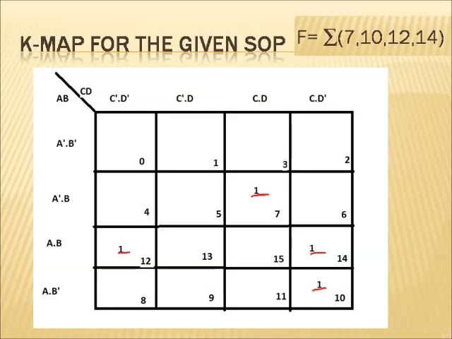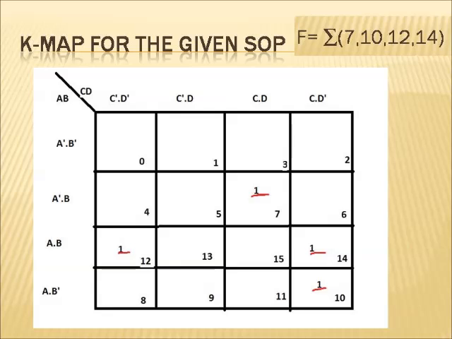Okay, now we are going to create the K-map for the given expression. So we have found the equivalent cardinal form as f is equal to sigma 7, 10, 12, 14.